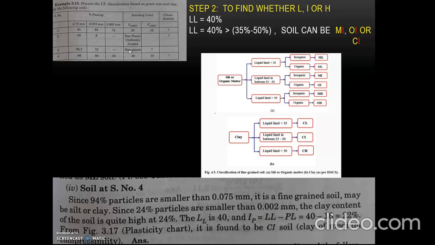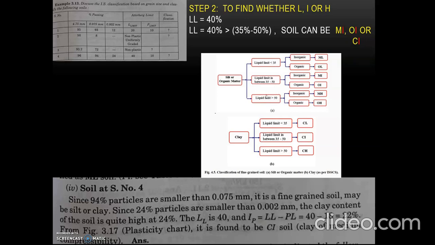For that, we compare the liquid limit given in the problem with these three conditions. The liquid limit is 40%. So we check whether 40 is less than 35, lies between 35 and 50, or is greater than 50.